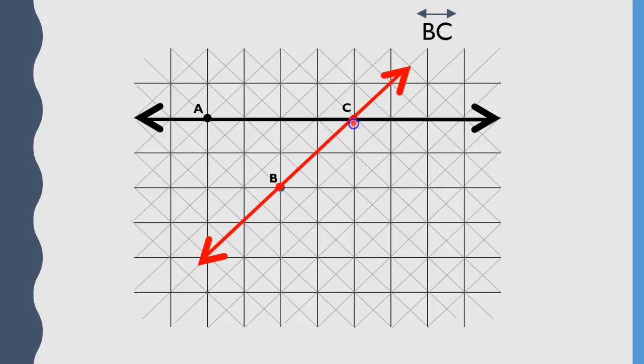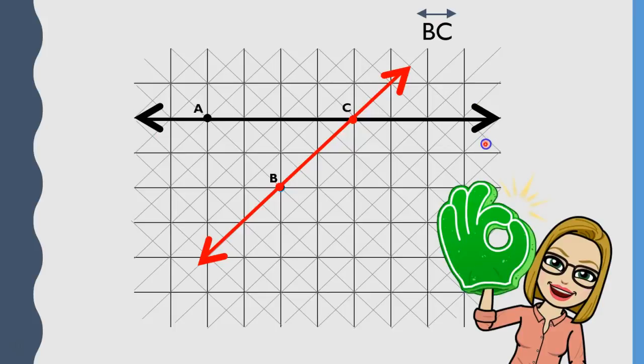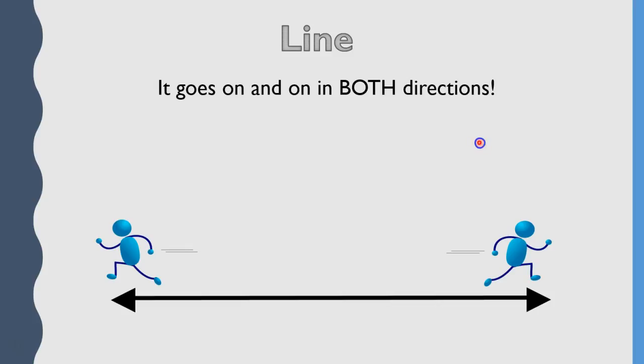BC, because this line goes right through it. And look at the ends of these lines. There's arrows. So that's how you know how to say it correctly. That is called a line. All right? Okay. So remember that a line goes on and on in both directions.